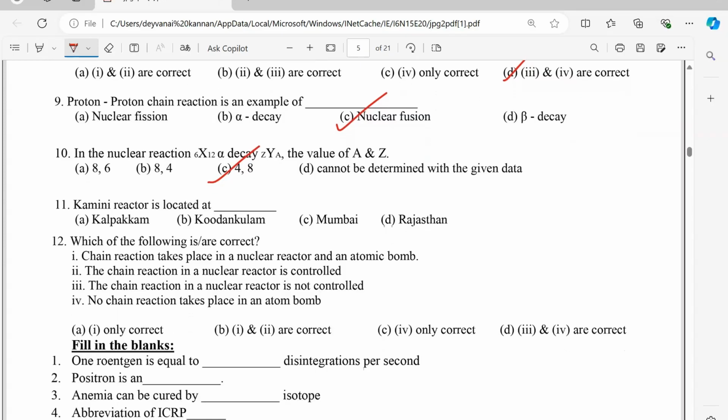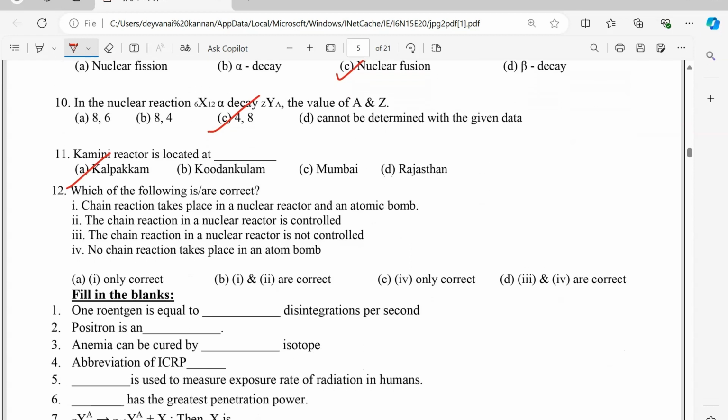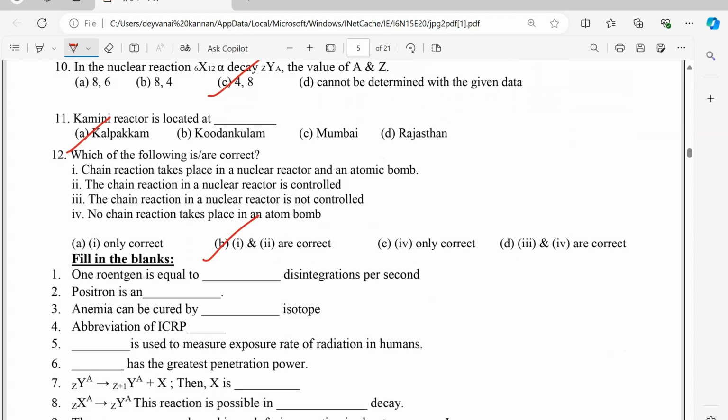Kamini reactor is located at Kalpakkam. Which of the following is correct? 1 and 2 are correct. Chain reaction takes place in a nuclear reactor and an atomic bomb. The chain reaction in a nuclear reactor is controlled.